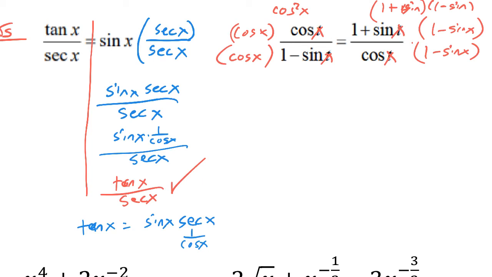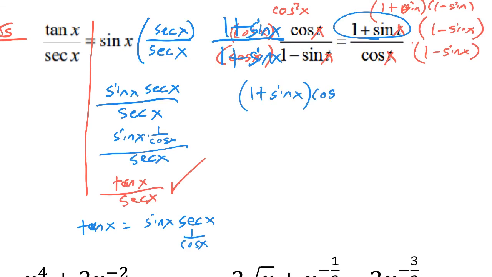Alternatively, I'm not going to do that problem like that. Alternatively, in blue, I'm just going to write over myself. I need a 1 plus sine on top, so what if I just put a 1 plus sine, in the spirit of multiplying by a conjugate? Because the bottom then becomes, sorry this is so messy, 1 plus sine x times cosine x.